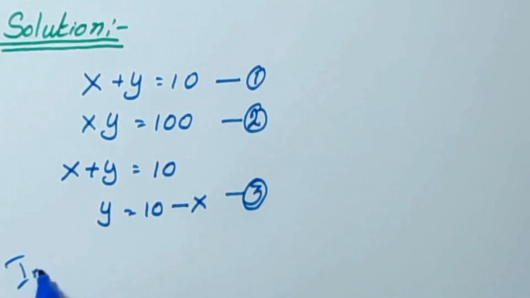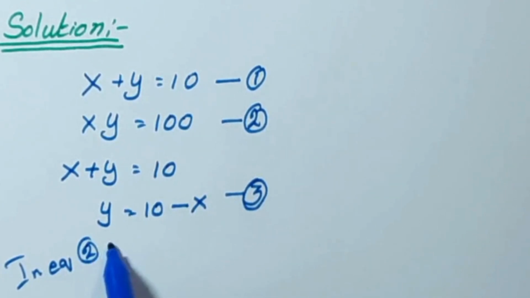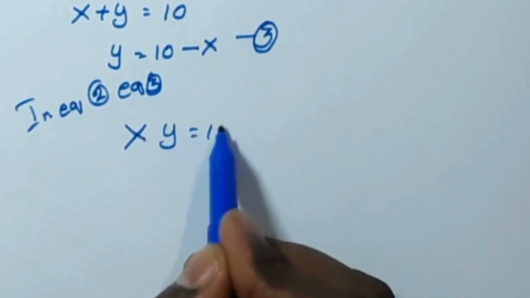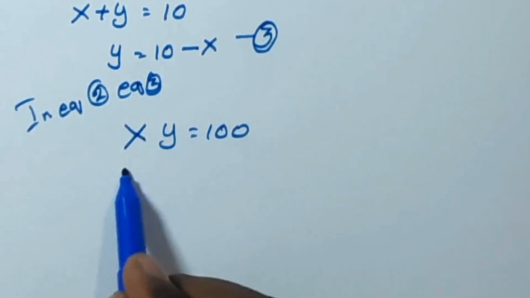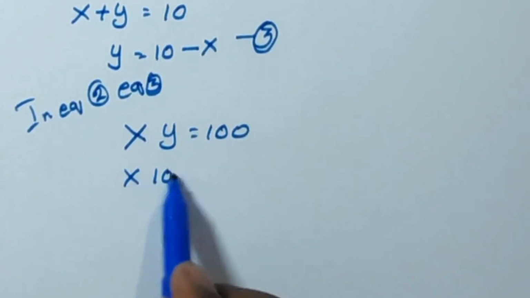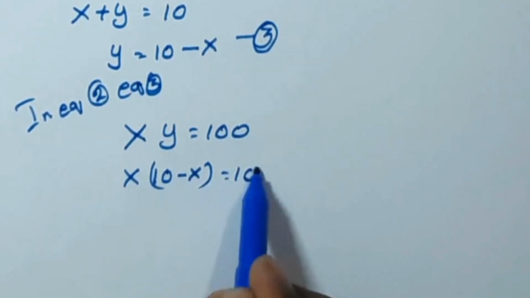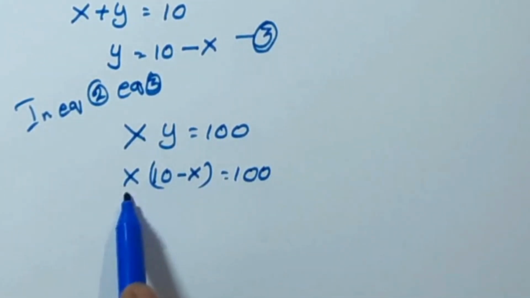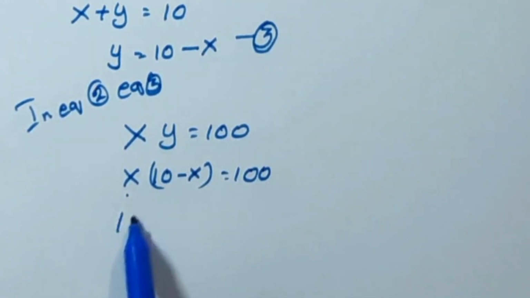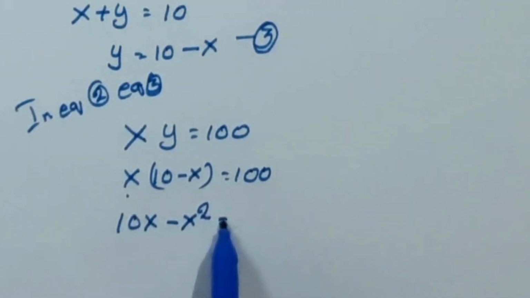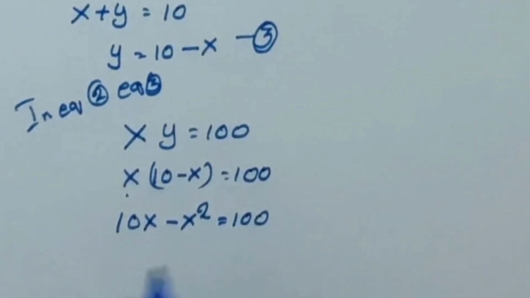In equation 2, substitute equation 3: x times y equals 100. So x times (10 minus x) equal to 100. Multiply this out: 10x minus x square equal to 100.